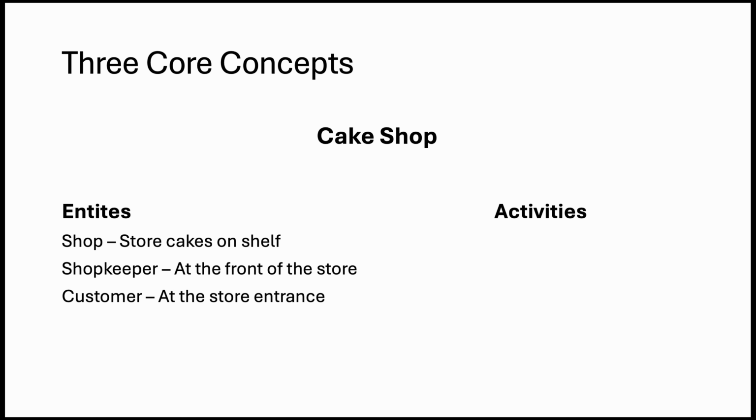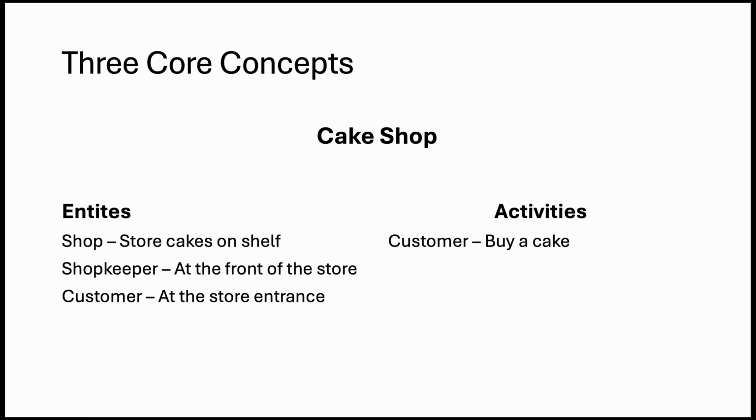The customer who came inside the shop wants to buy a cake. It will not happen that the customer jumps into the shelves, takes his cake and puts the money. It will for sure be done by the shopkeeper. The customer will always let the shopkeeper know his intentions, what type of cake he wants and for what purpose.